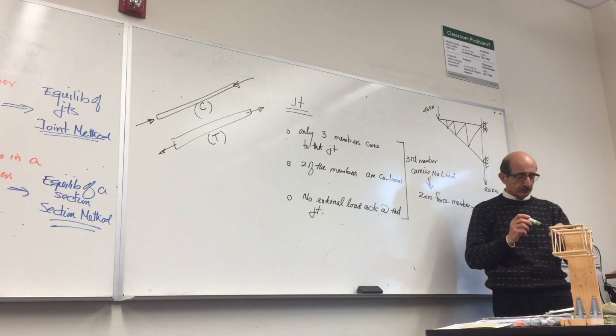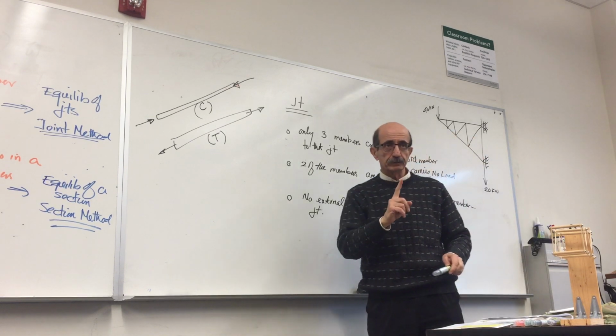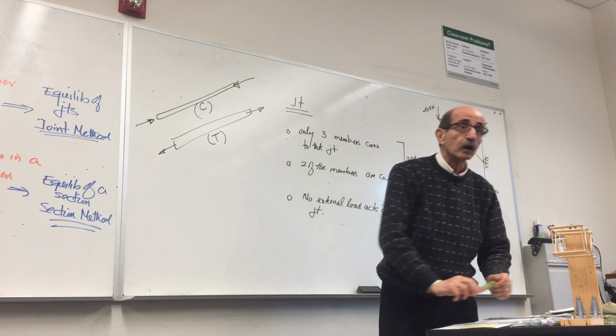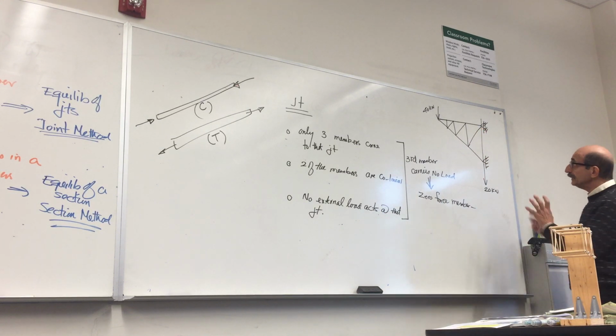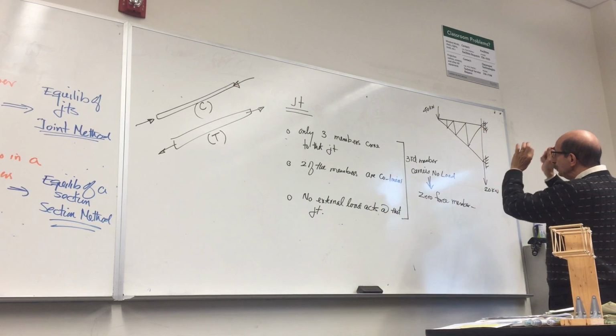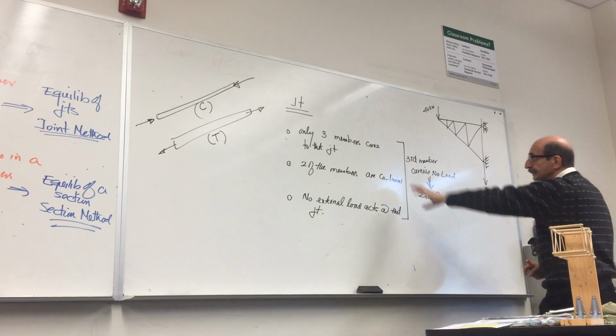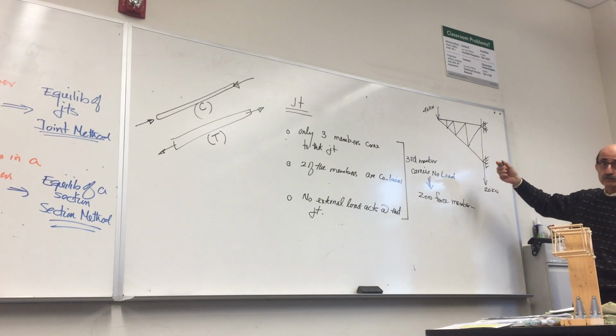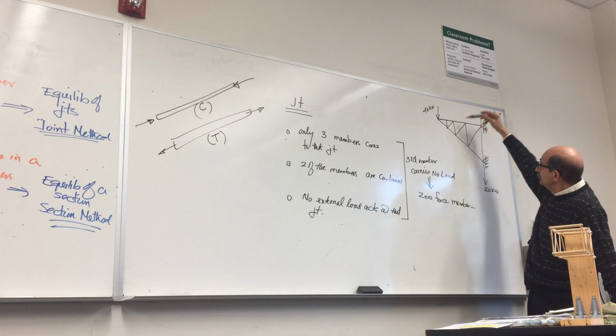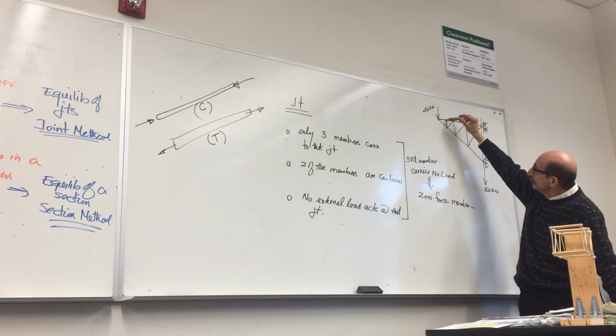Identifying the zero force member is the first step that you need to start. What does that mean? You look at this truss and find any joint that follows these criteria. Do you see a joint there? I'm sure you do. None of these, but right here.